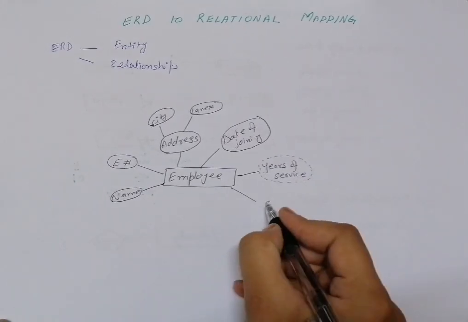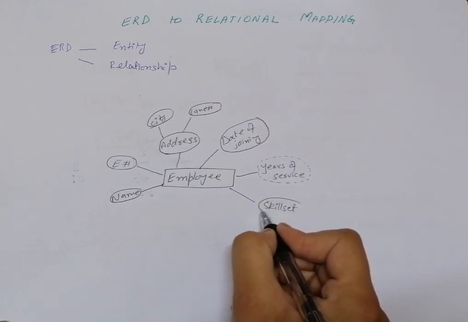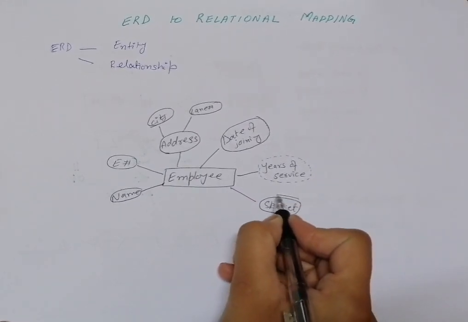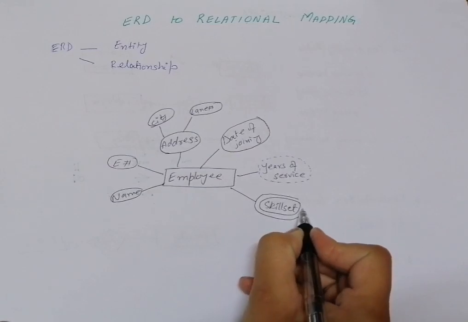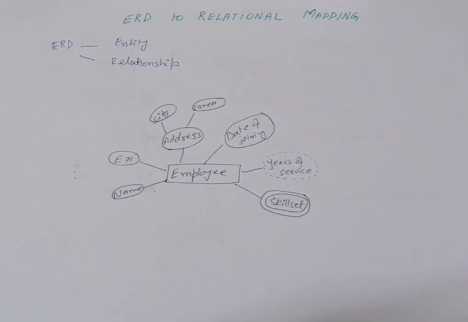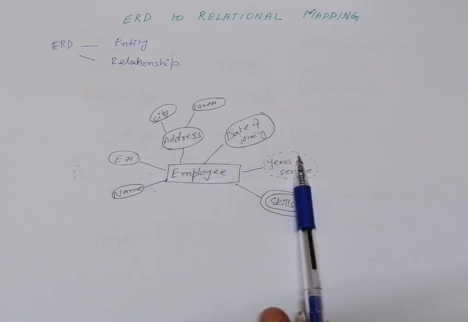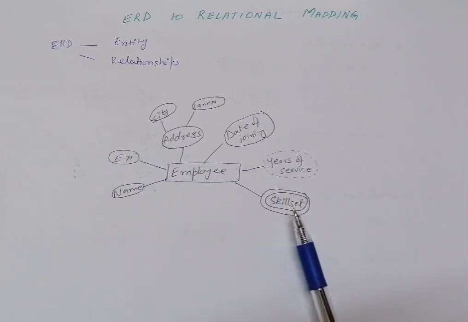The last one is skill set. Since every employee has a diverse skill set and we cannot limit it to a single value, I'll take it as a multi-valued attribute. So in this case, I have an entity with a single valued attribute, composite attribute, derived attribute, and multi-valued attribute as well.